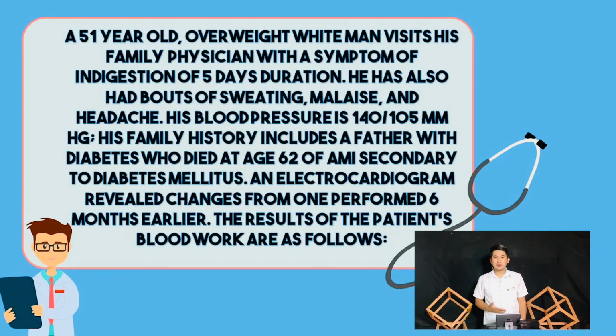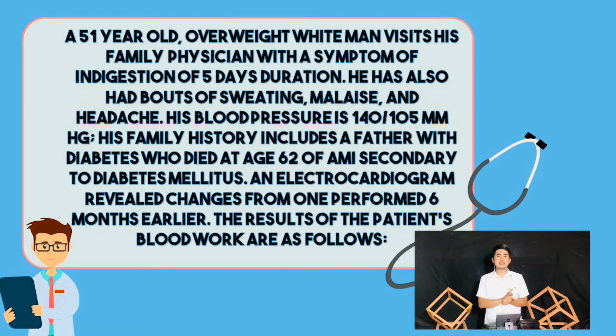So my case study number 2: a 51-year-old overweight white man visits his family physician with a symptom of indigestion of 5 days duration. He also had bowel sores and sweating, malaise, and headache. His blood pressure is 140 over 105 millimeters of mercury.